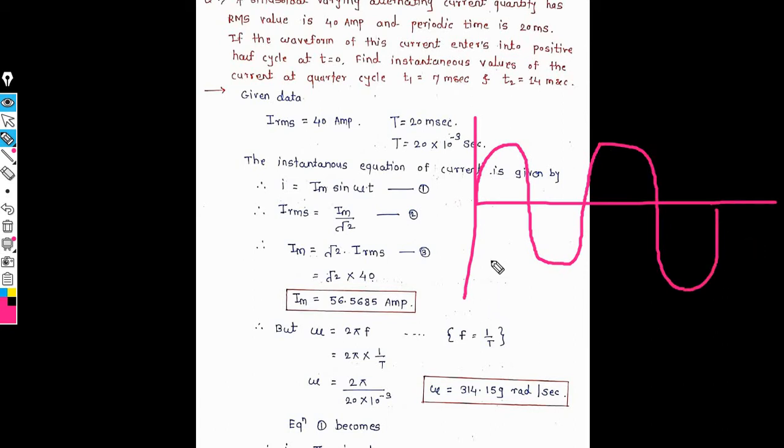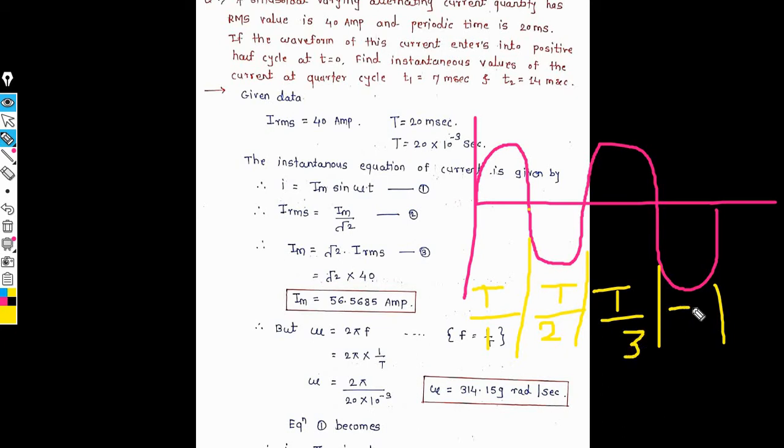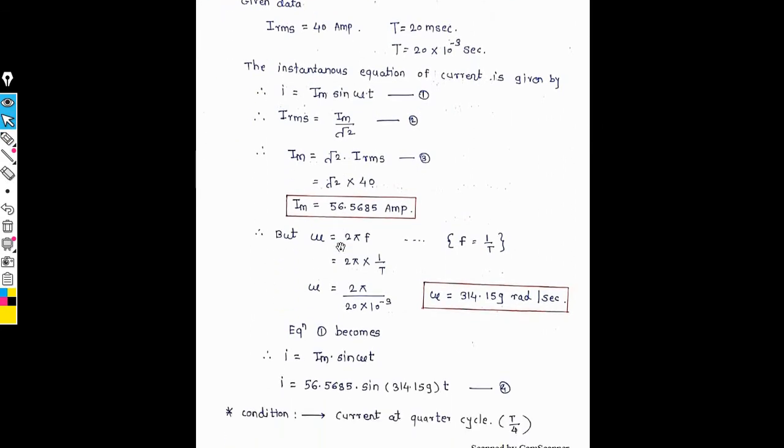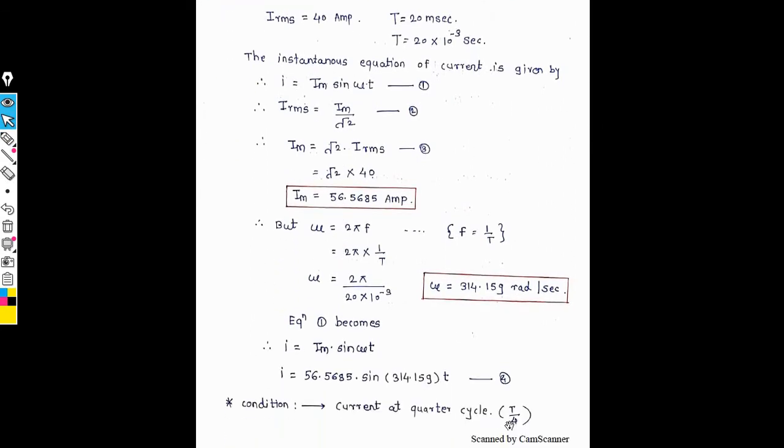This is T by 1, the second period is T by 2, then the third one is T by 3, and the last one is T by 4. That means we have to obtain the current at the quarter cycle, that is the fourth quarter, T by 4. The instantaneous value of current is at T by 4, so the time is T by 4.